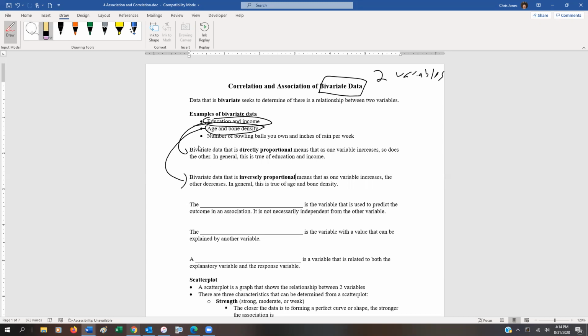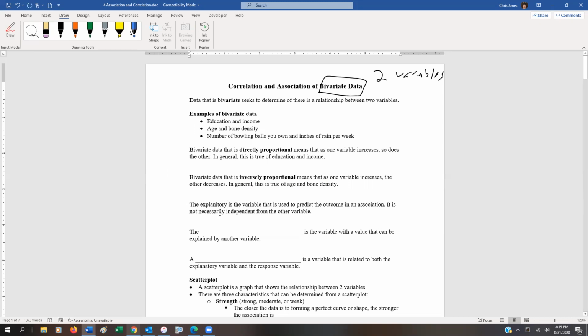Now, there are two different types of variables, obviously, in bivariate data. The first one that we're looking at is the variable that basically tells us what is going to be the driver. That's going to be something called the explanatory variable. Not independent, but the explanatory variable is the variable that we use to predict the association.